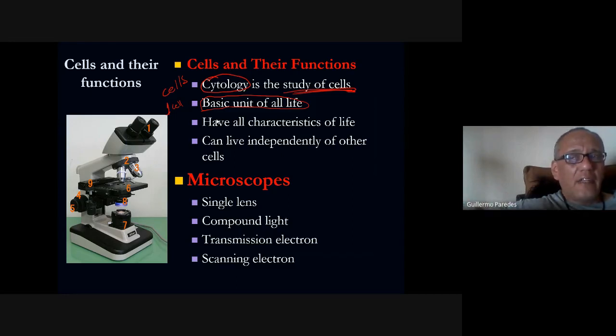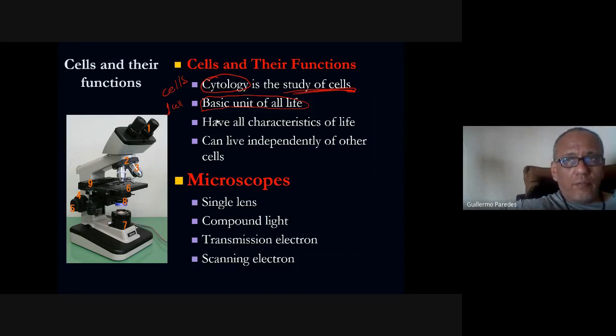That is exactly the same as what a cell does. A cell needs to drink, eat, pee, poo, reproduce, grow and die. So this is the functional unit, or the basic unit of life.